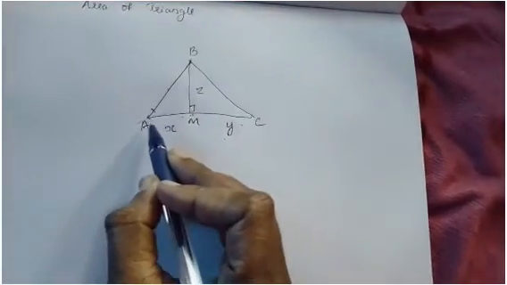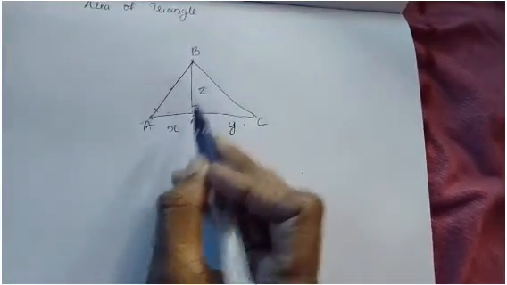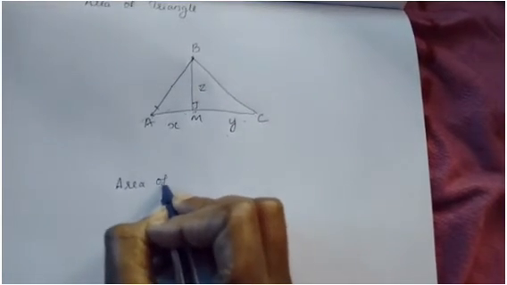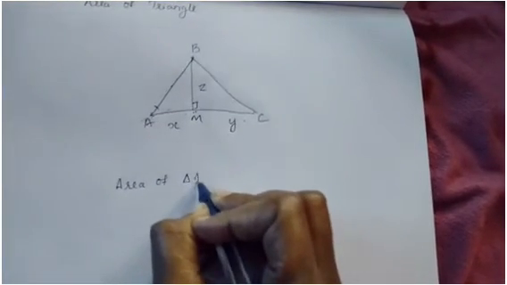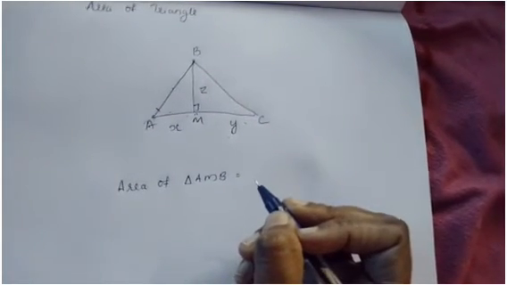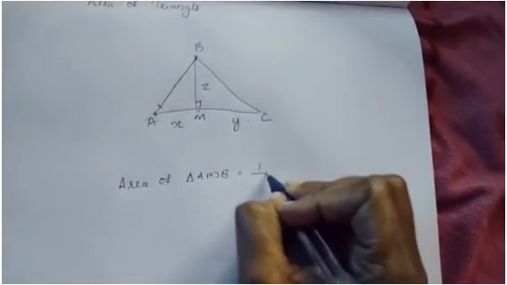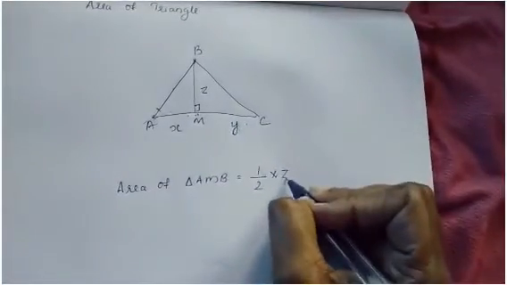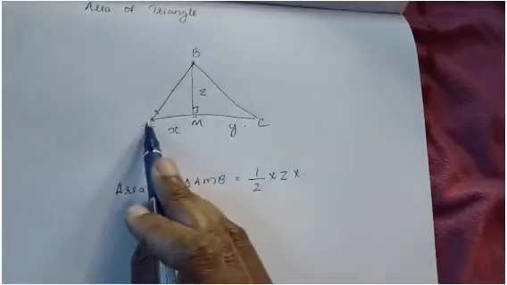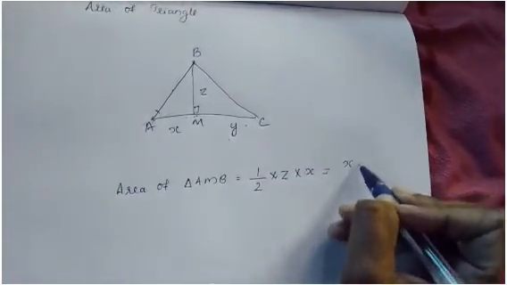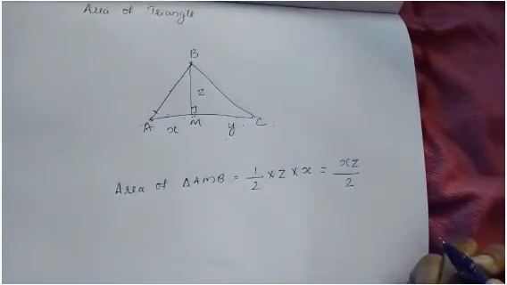So, in our first triangle, triangle AMB, the area of triangle AMB, from our earlier classes we have discussed, is half into perpendicular distance into base, that is x. That means xz by 2.